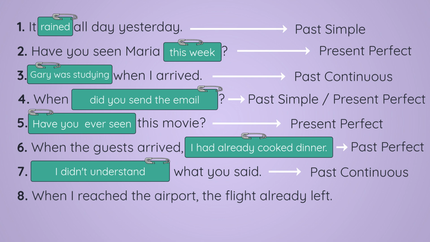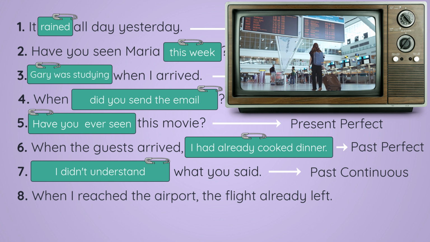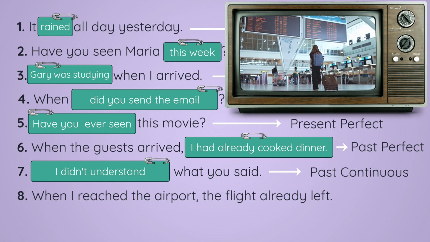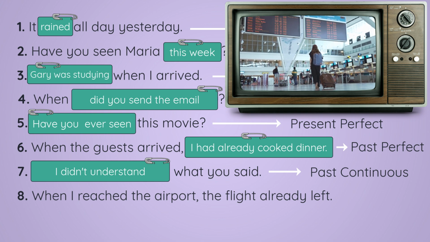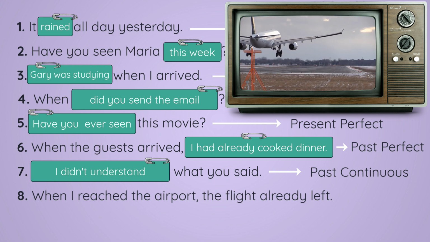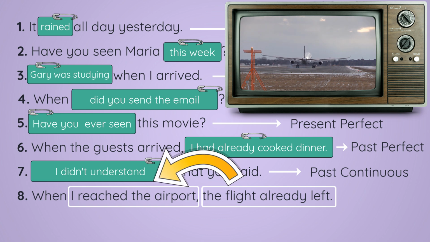Okay? And the last one, when I reached the airport, the flight already left. Okay? We did one similar to this. When I reached the airport, the flight already left. So again, what's going on here? Two actions in the past, and you want to show that one of those actions happened first.